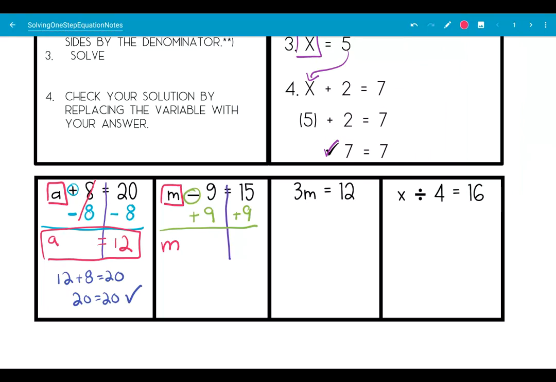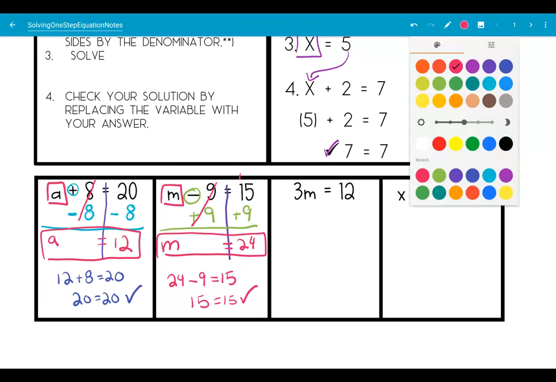Negative 9 plus positive 9 cancels out to 0. And then on the right side of my equal sign, 9 plus 15 is 24. So my final answer is m is equal to 24. I've solved for my variable. I can check that by plugging in or substituting 24 in for m. And 24 minus 9 is in fact 15. So I'm good to go.